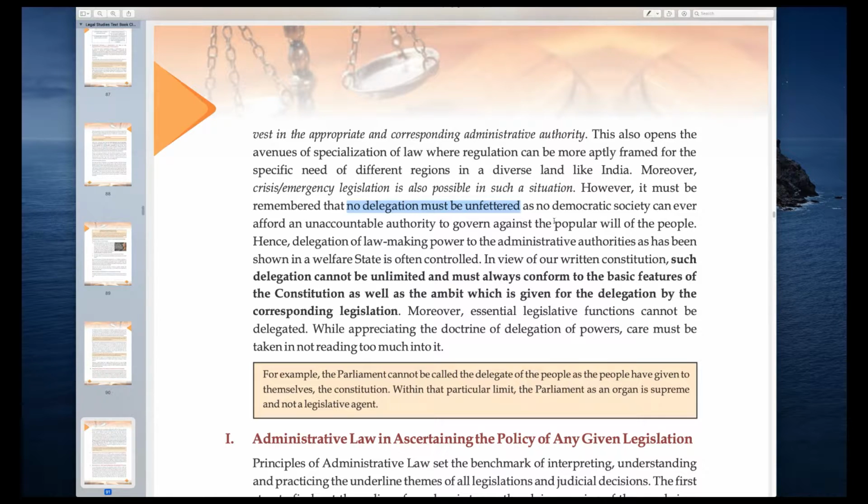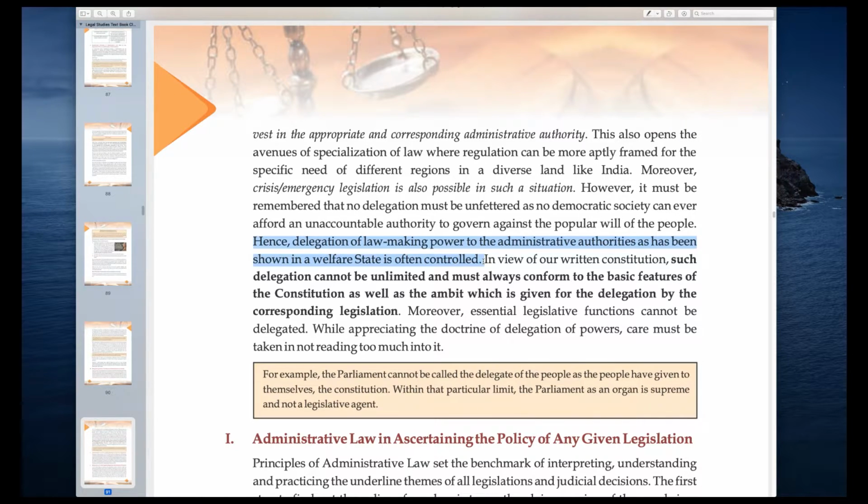It's not ultimate. It needs to be reviewed, and if it is unreasonable or unconstitutional, then it must be dropped. So hence, delegation of law making power to the administrative authorities, as has been shown in a welfare state, is often controlled. See? So I believe now it is very simple for you to appreciate the sentence.